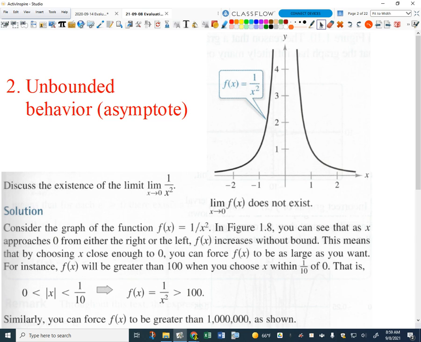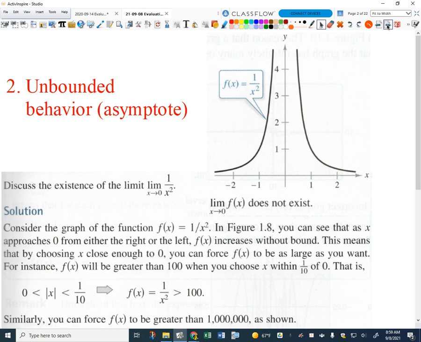Because the closer they get to 0 in this case, the further up they go, right? It never settles down to a place where they could say, aha, I think I'm going to step there, because that would be infinitely high, and infinity is not a number, right? That's not a place. And so here's another instance where we can't have a limit, because there is no point that we actually approach. It's unbounded asymptotic behavior. Okay, so those are the two big ones.